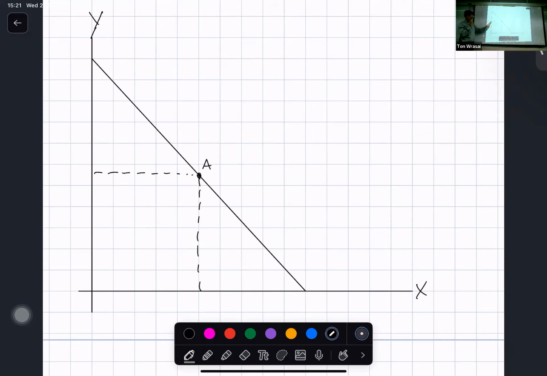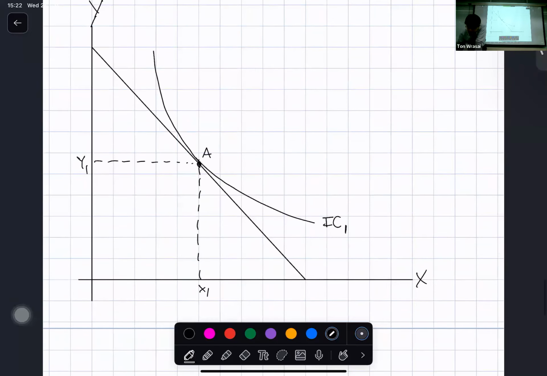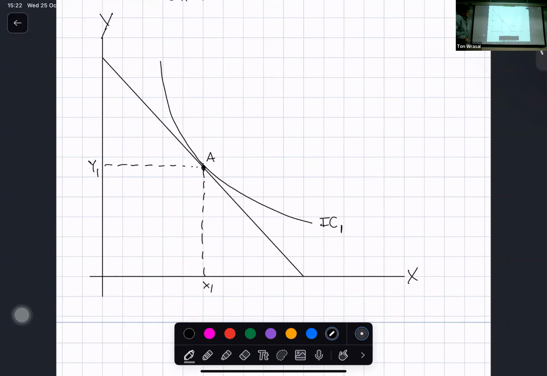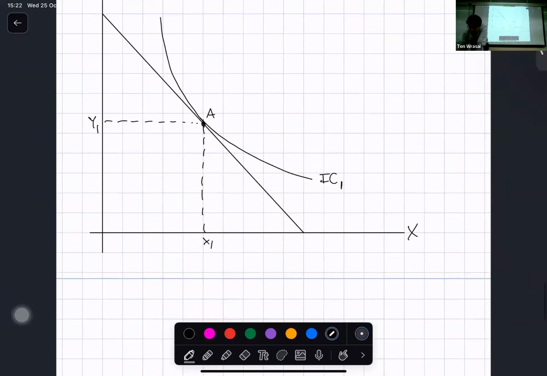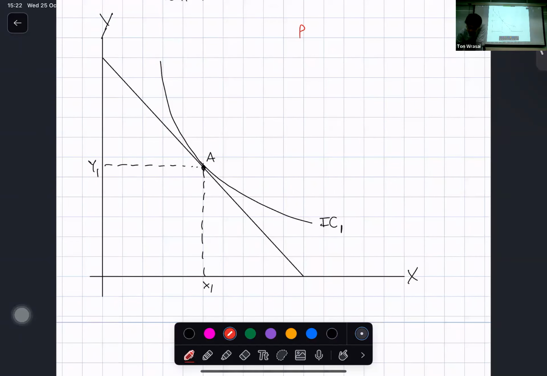You have to pay more attention to this. Okay, we start with basket A. Given PX, PY, and M, he maximizes utility by choosing basket A with X1 and Y1.